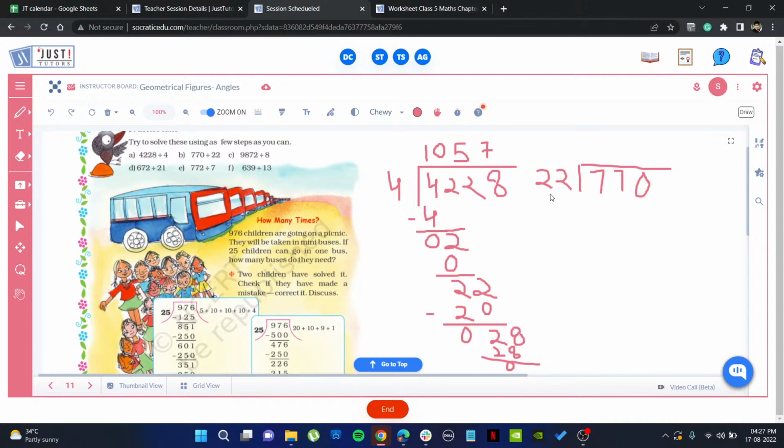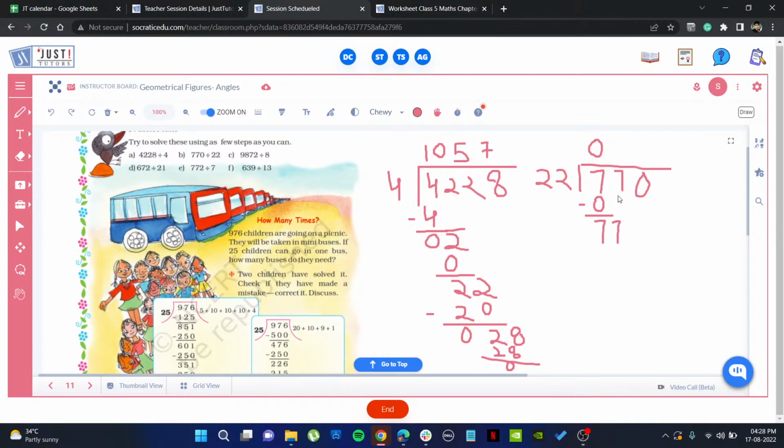So we need to multiply 22 by which number to get number around 7? If we times it by 1, we are getting 22, which is more than 7. So therefore, in that case, we should times it by 0. 22 times 0 gives us 0. We should take away 0 from 7, and we get 7. Now the next step is to bring it down. We'll bring this down 7 right here, and our number becomes 77.